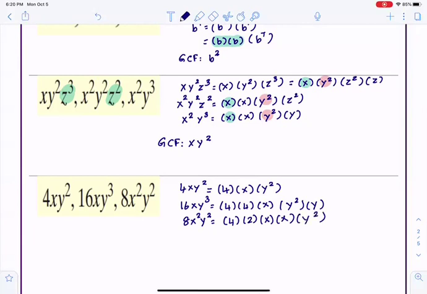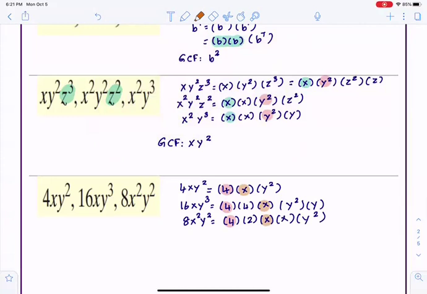Now I have to go and hunt for the common term or the common factor in each of the expressions. With respect to the numbers, I have only a 4 in common, and that is the biggest factor in common. With respect to the x's, I have x in common, and that is the biggest factor we have in common.